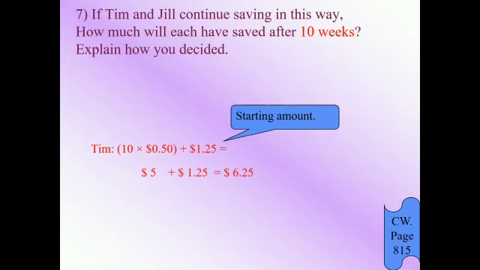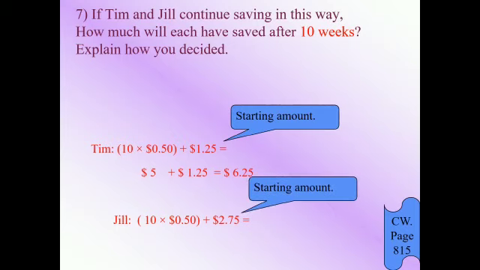Now let's find out for Jill. Jill is saving $0.5 each week. How many weeks do we need to calculate? 10 weeks. So for Jill, we multiply 10 with 0.50 and add 2.75, as 2.75 is the starting amount. 10 times 0.5 gives me 5, plus 2.75 gives me 7.75.